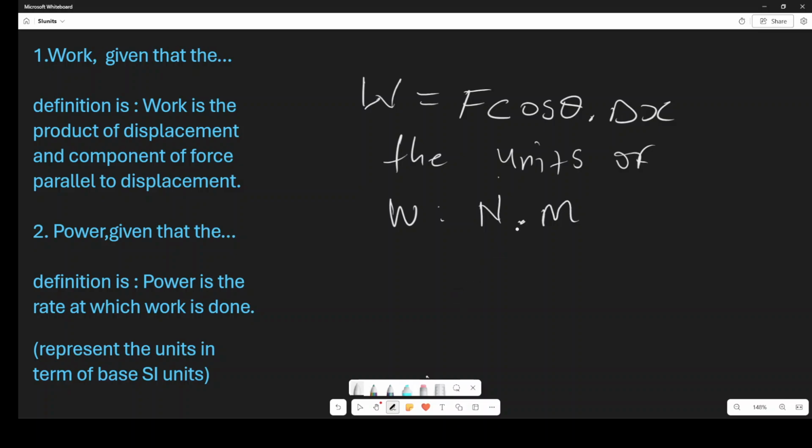But we must write this in terms of base units. So meters is already a base unit, and then we just have to write newtons in terms of base units.